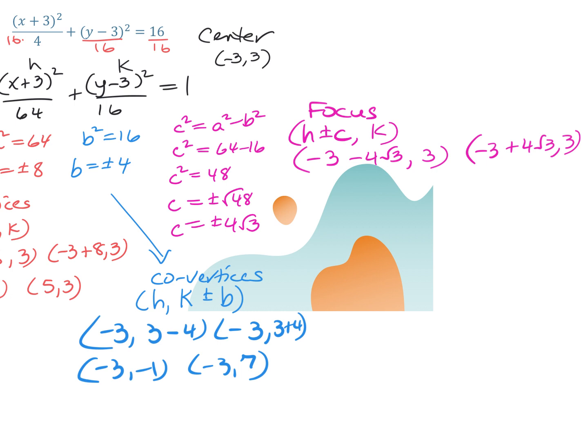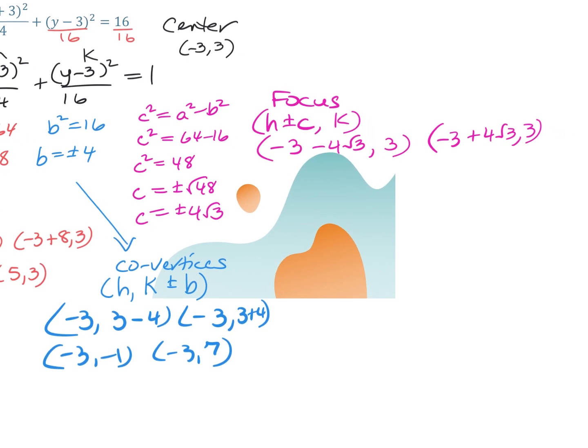We can't simplify that. However, remember we approximated the square root of 48 back on that other problem. So when I go to graph this, negative 3 minus 4 square root 3 will be approximately negative 9.9, comma 3, and then this one will be positive 3.9, comma 3. Those are your focus points.